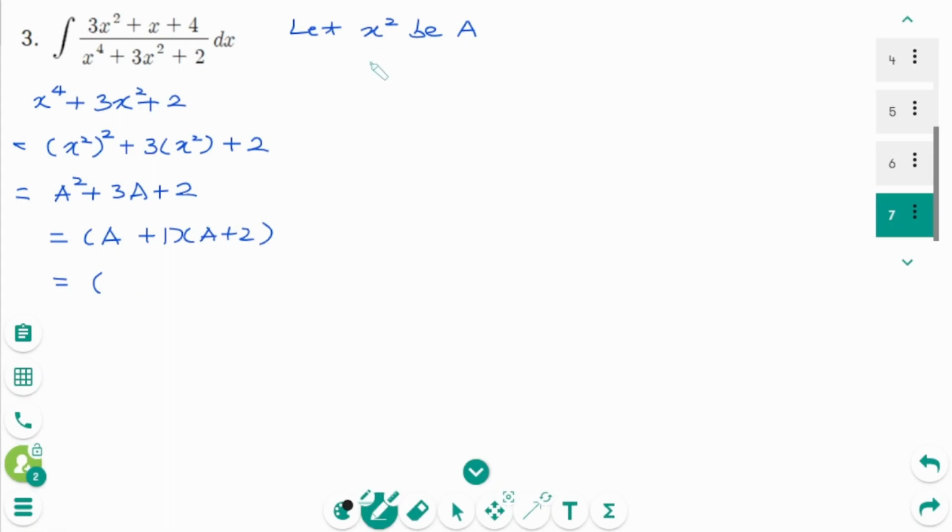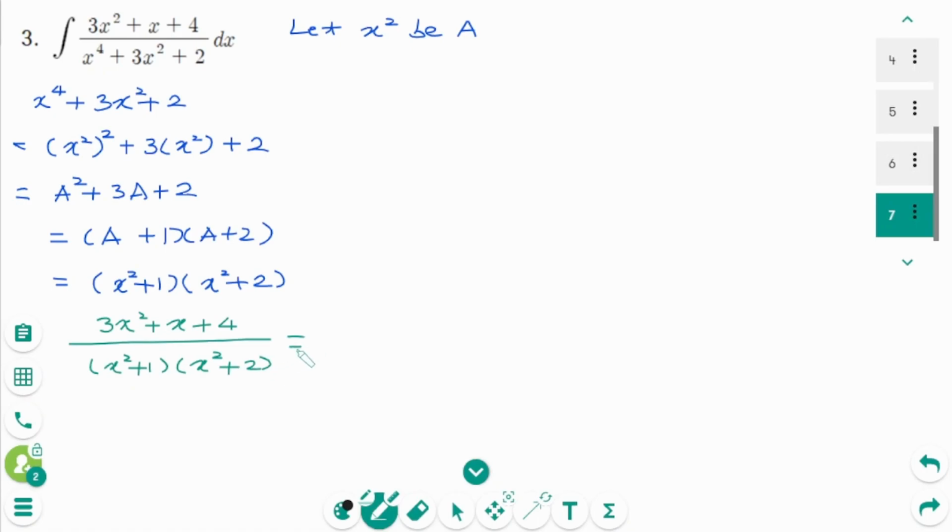A was x squared plus 1 times x squared plus 2. The form of the partial fraction decomposition is 3x squared plus x plus 4 over the denominator x squared plus 1 times x squared plus 2 equals ax plus b over x squared plus 1 plus cx plus d over x squared plus 2.